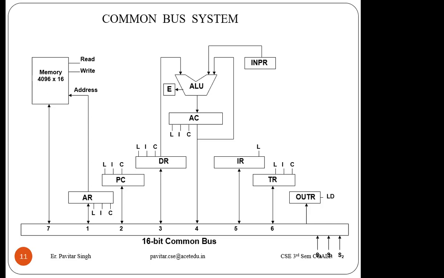So this carry will be sent to E. E is your extended flip-flop. You can see in your diagram, the flip-flop is attached. Again, these contents will be stored into the accumulator itself.